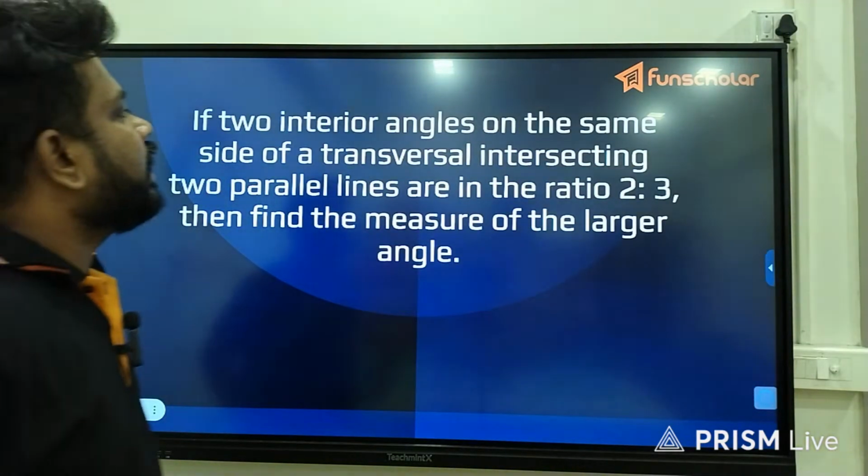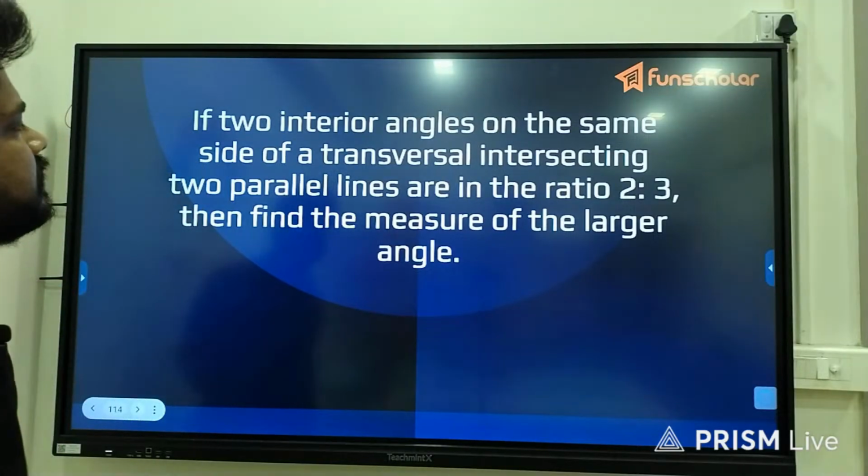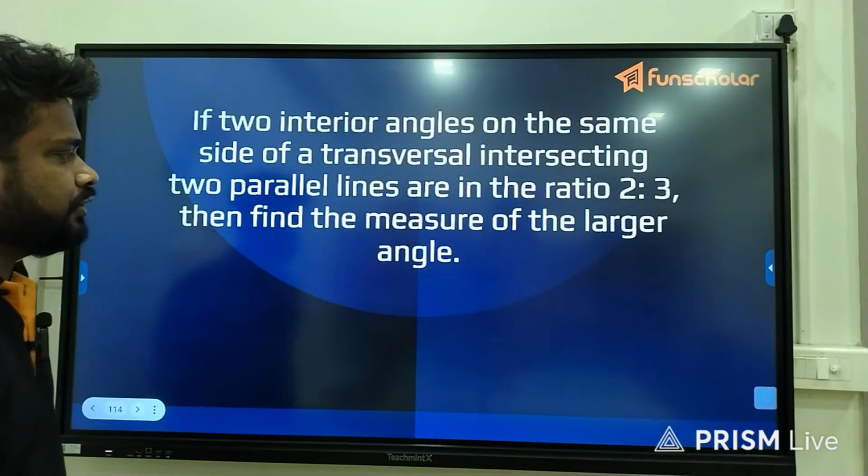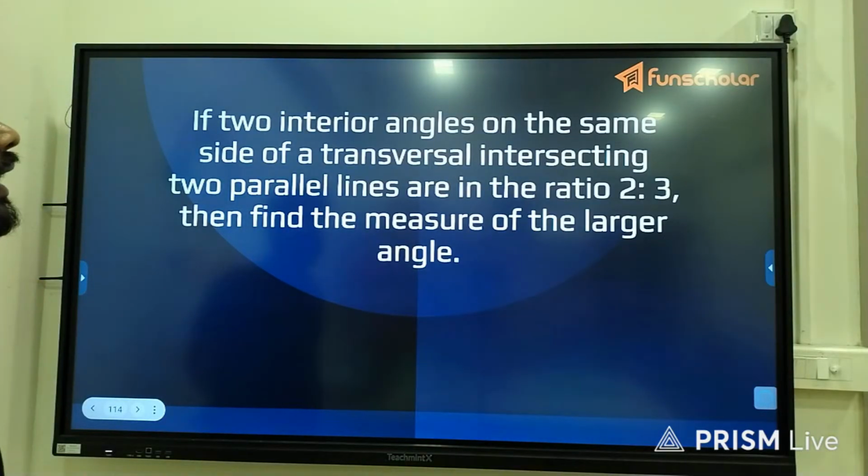If two interior angles on the same side of a transversal intersecting two parallel lines are in the ratio 2:3, then find the measure of the larger angle.